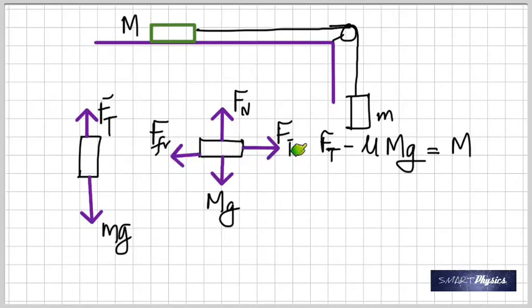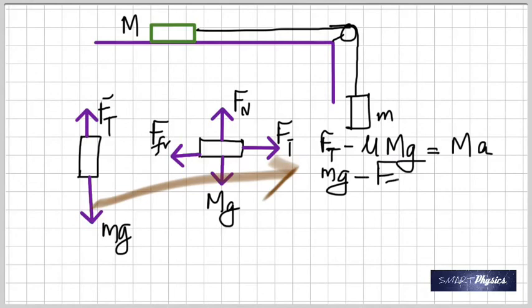One is Ft, which is greater than friction, because it's moving this way. The net force is Ft minus friction. But we do know that friction is mu times Fn, and in this case, Fn is equal to mg. So Ft minus friction, but friction is mu mg, and that should be equal to mass times acceleration.